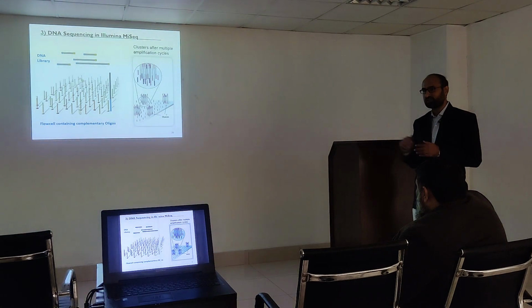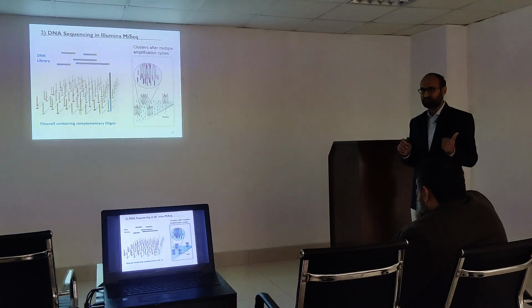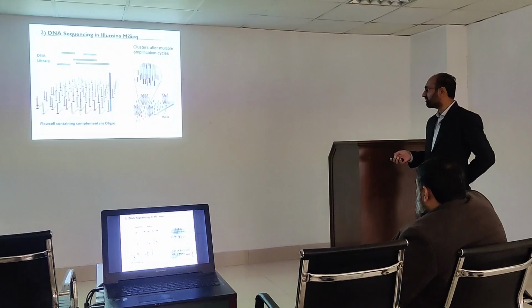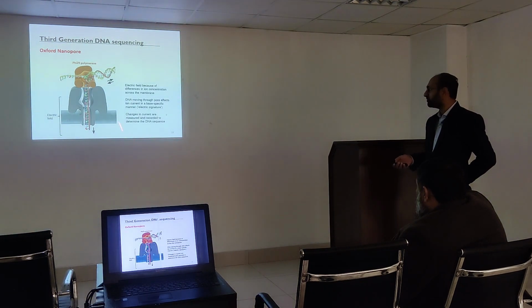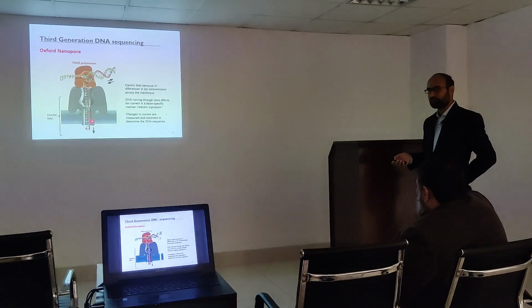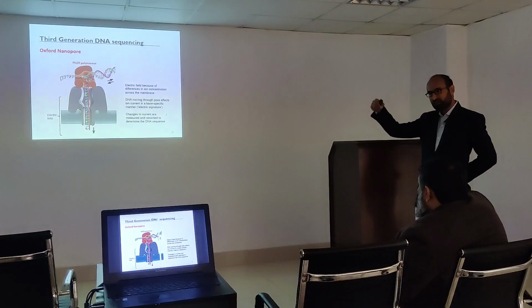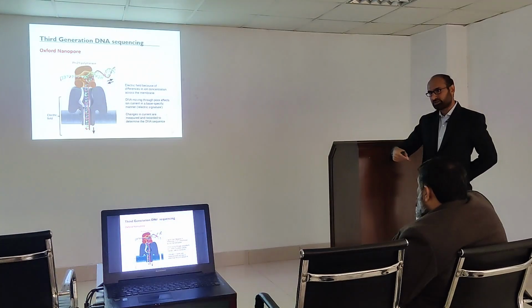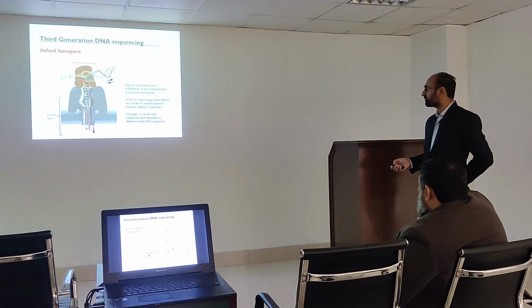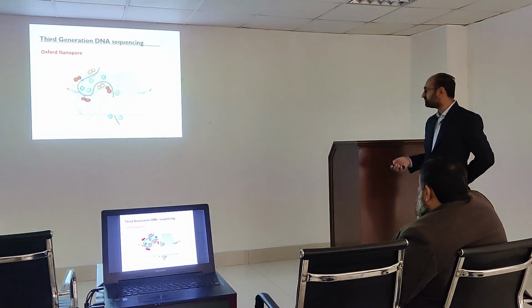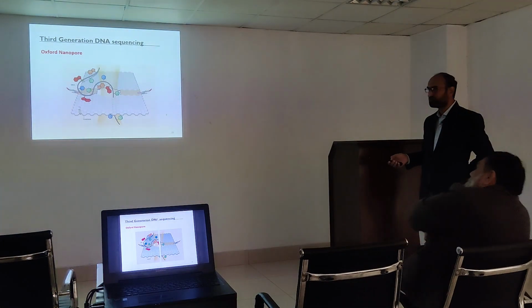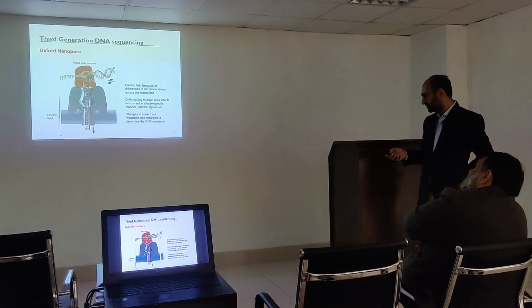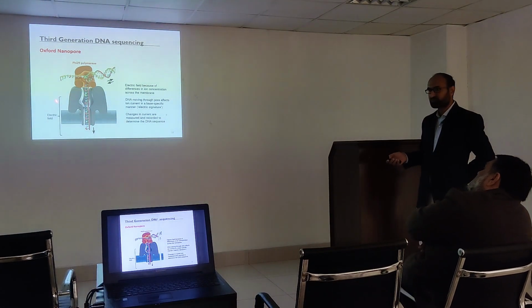So this is a totally different technology. MinION is a totally different technology. In case of MinION, you can say this is a membrane receptor through which a DNA fragment can pass, right? And this is the membrane, and there are hundreds and thousands of receptors like this.